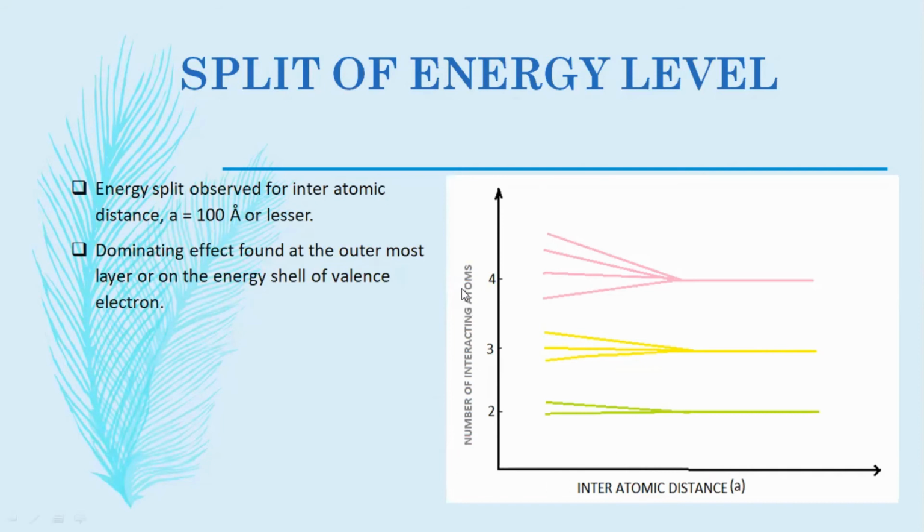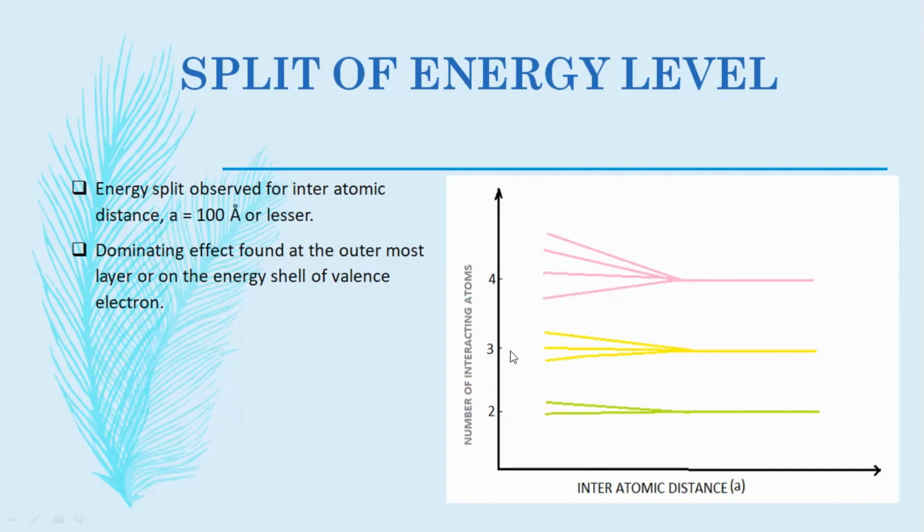When the number of interacting neighbor atoms is more, the energy level of the electron is split into that many parts. If any atom has two interacting neighbors, the energy of the electron orbit gets split into two parts.